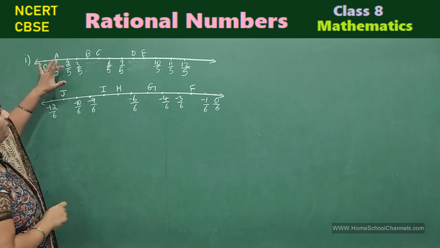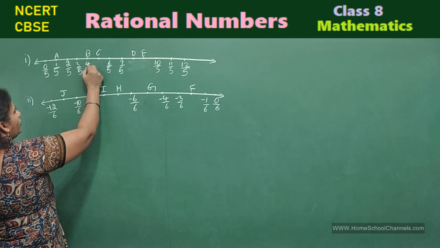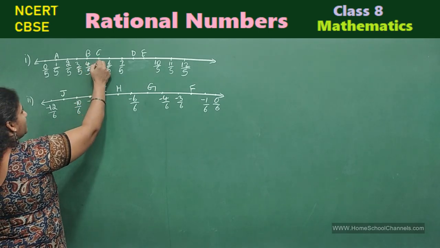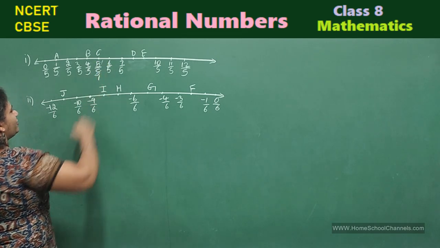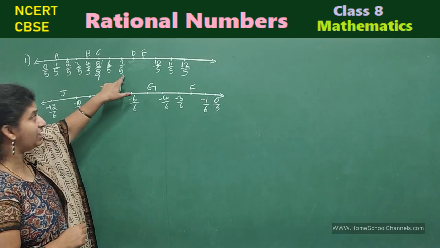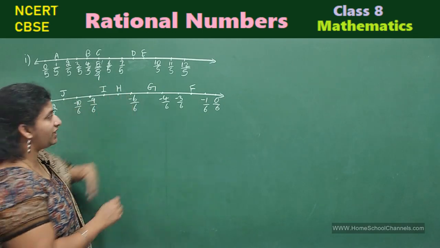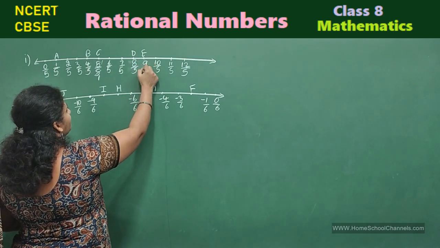Right? 2 by 5, 3 by 5, and this is 4 by 5, and this will be 5 by 5, or you can say 1 also. Okay? 6 by 5, 7 by 5. The next number will be 8 by 5, 9 by 5.